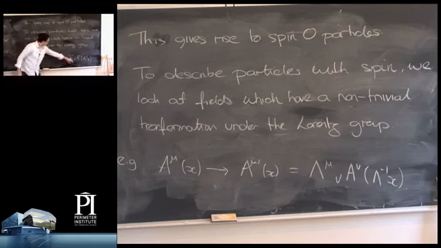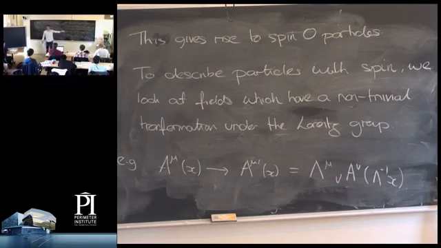Okay, so the spatial part changes, the argument changes as for a scalar field. But now, of course, when you do, say, a rotation, the electric field in the x-axis rotates into the electric field in the y-axis. So that's what this is telling us.